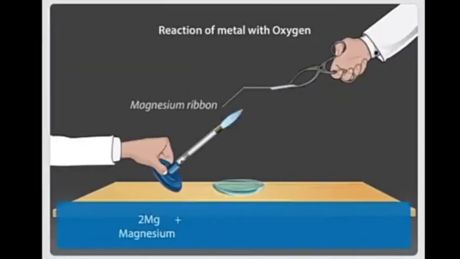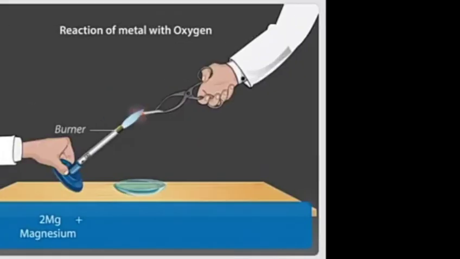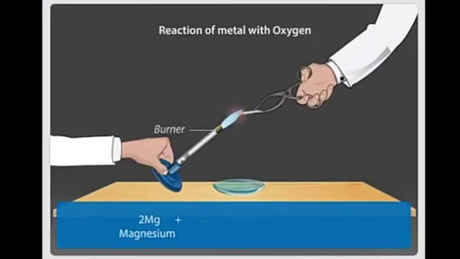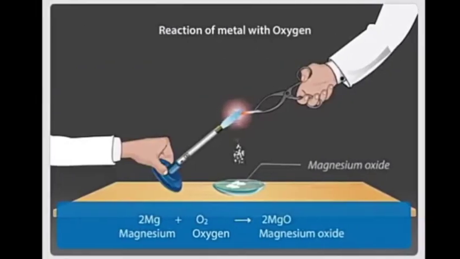Similarly, when a magnesium ribbon is burnt in air in the presence of oxygen, it reacts with oxygen to form magnesium oxide, which is obtained in the form of white ashes.